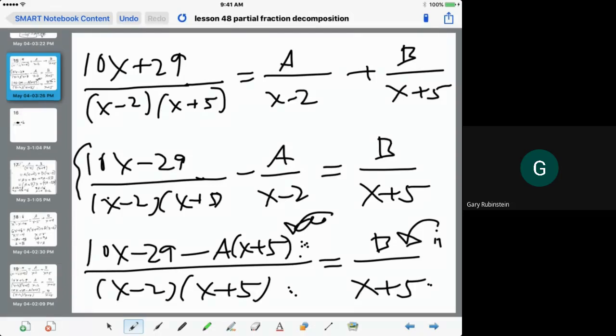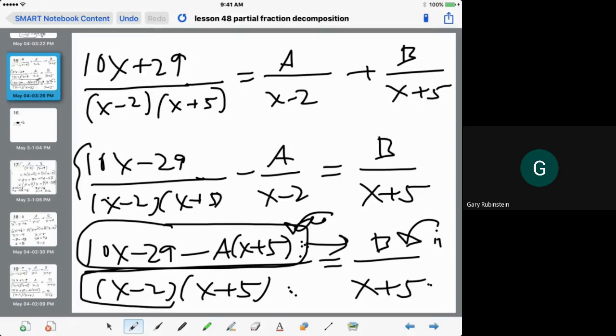So when I reduce this fraction, it turns into this one. And that means that this numerator divided by x minus 2 must equal the b.